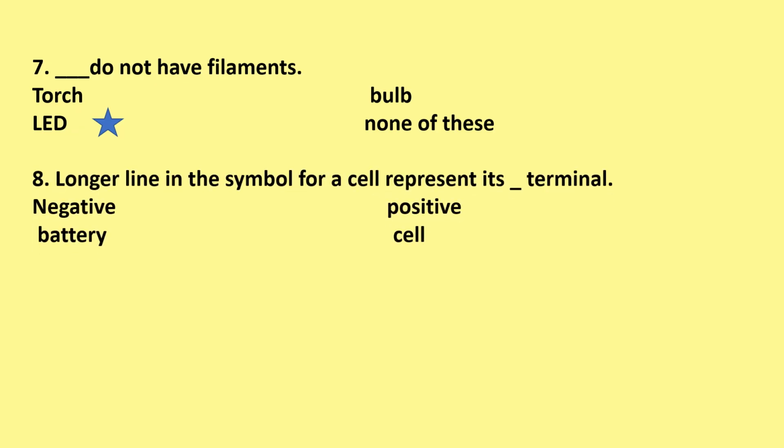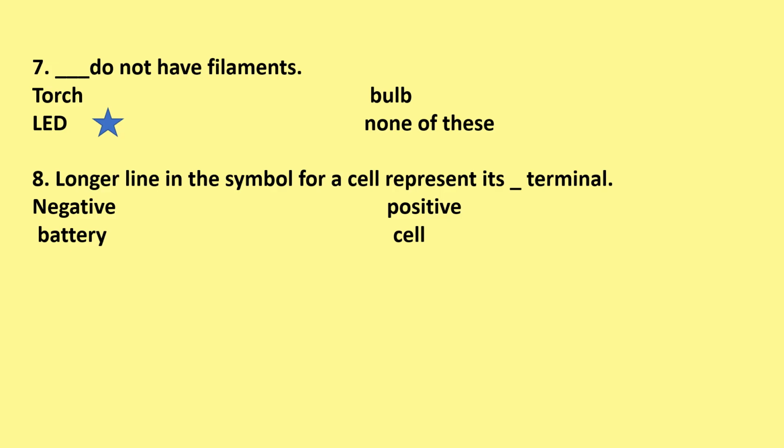Next question. The longer line in the symbol for a cell represents its dash terminal. When we learned symbols, it was explained that when we draw a cell, the longer line represents its dash terminal: negative terminal, battery, positive terminal or cell.